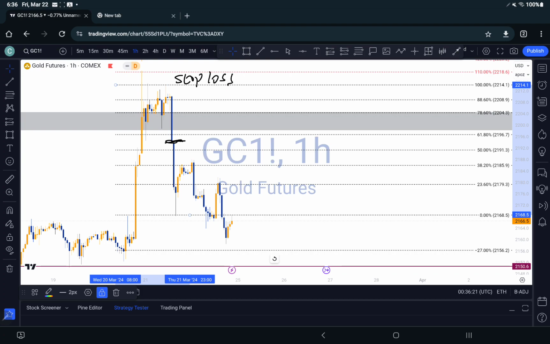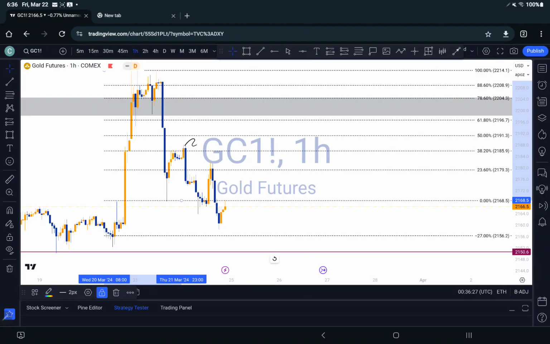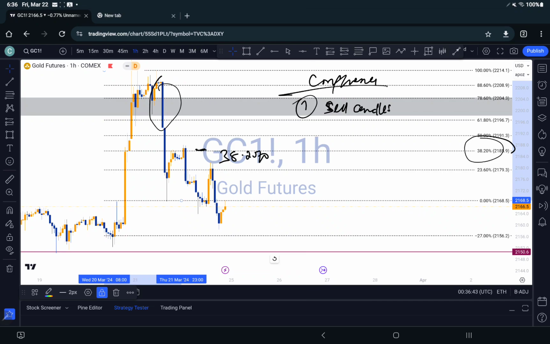So I'll be waiting for some sort of reversal or a rejection around a Fibonacci level, and we can see right here that I will have taken my trade off of this area right here, the 38.2% fib level. And like I said, my confluence would be, because now I've identified that this candlestick has a lot of sell momentum, so sell candlestick momentum, that is one verification, and I wouldn't have entered that trade right around here.